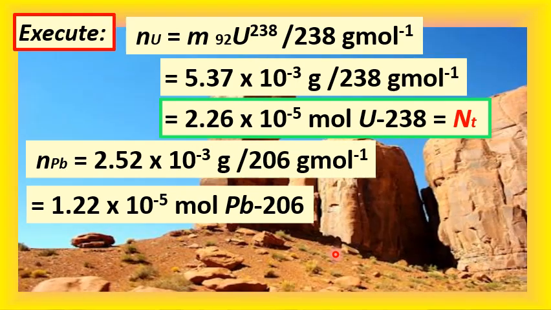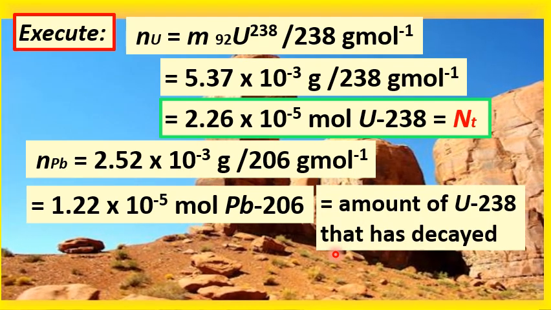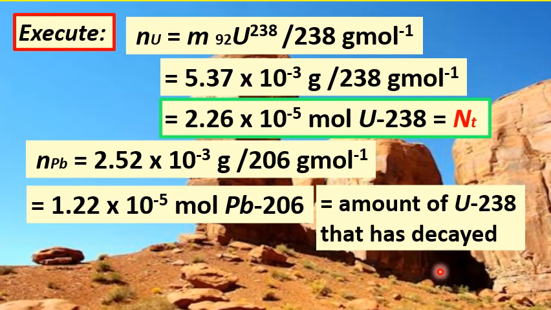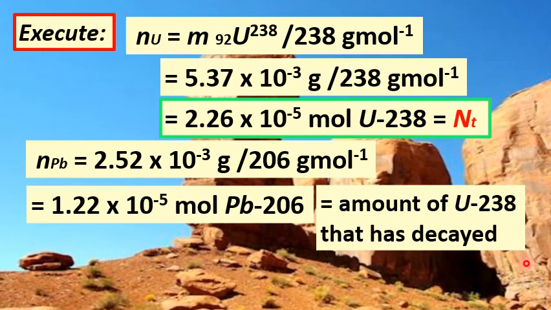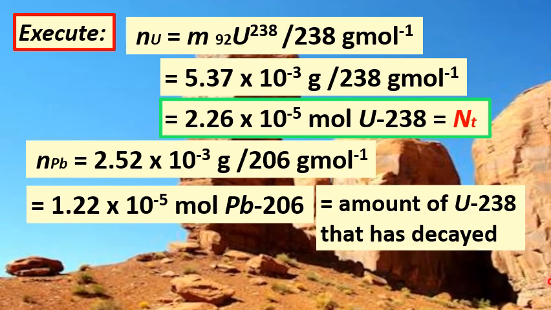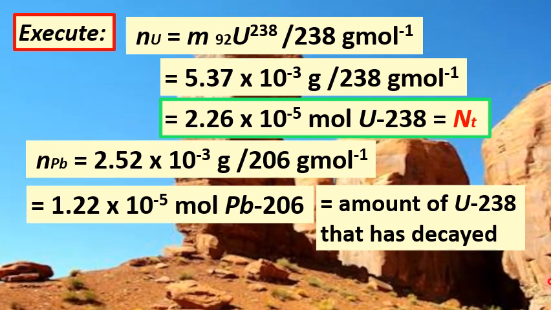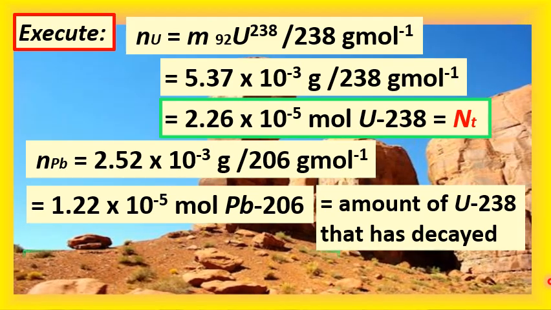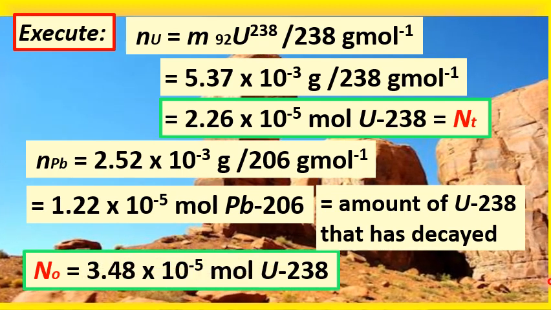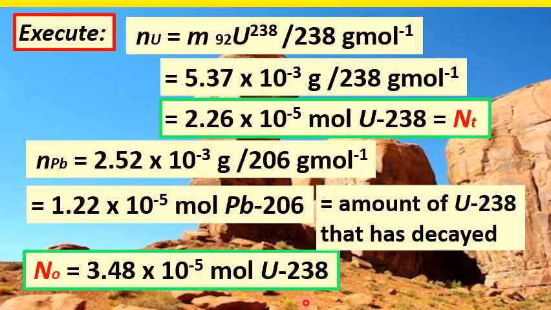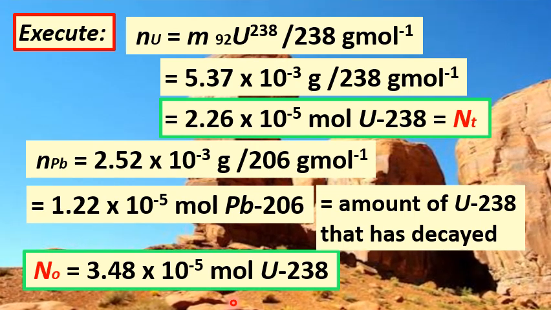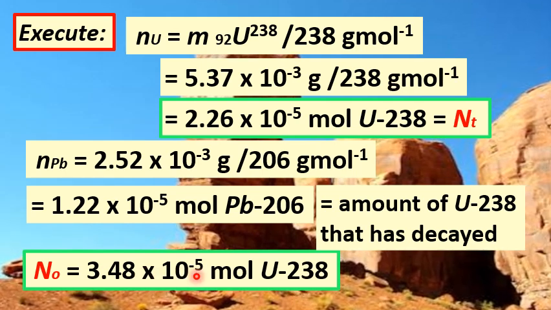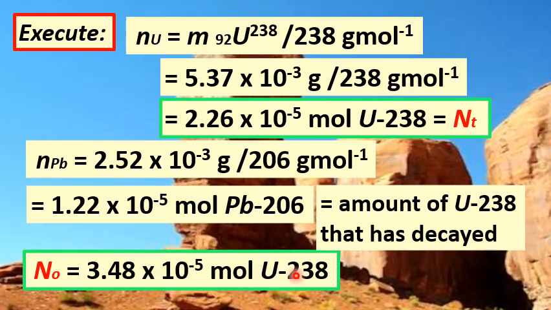Which we said is actually the amount of uranium-238 that has decayed or transmuted into lead-206. So that means the value of capital N naught is 3.48 times 10 to the negative 5 moles.